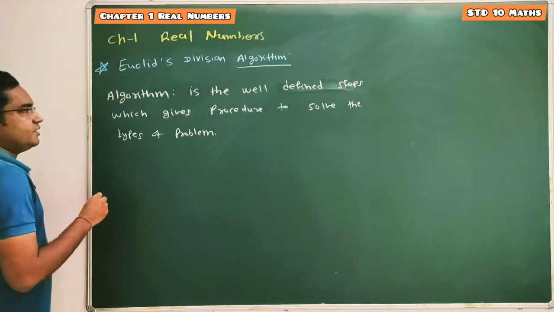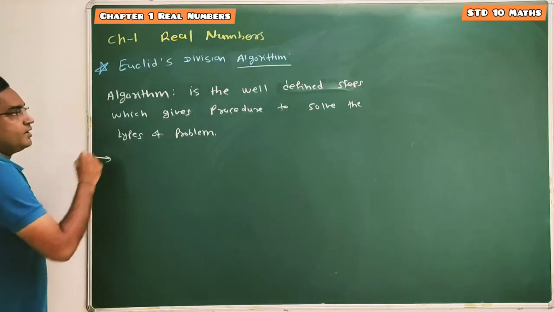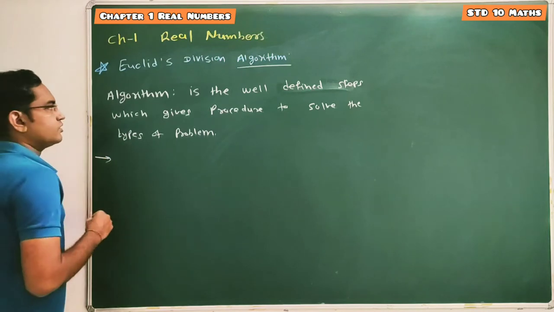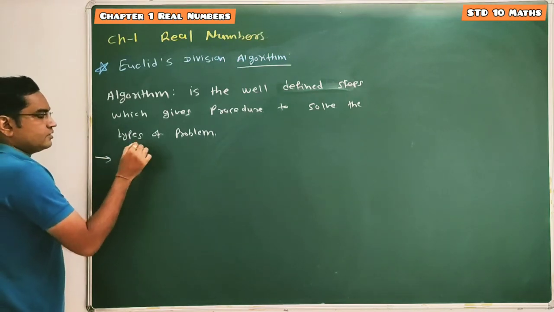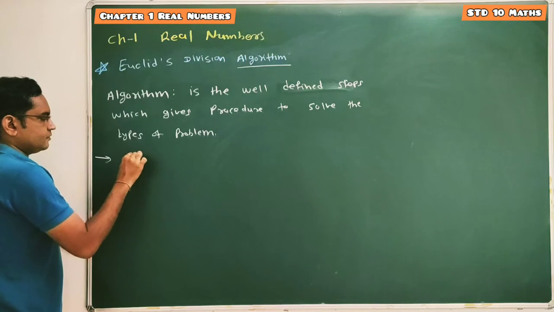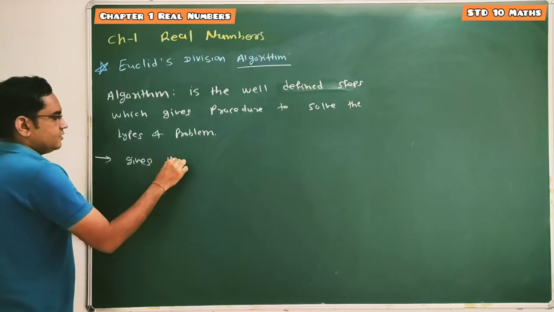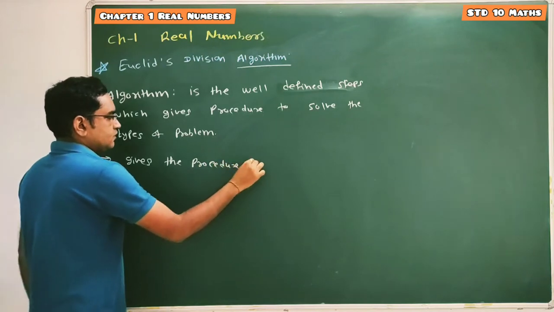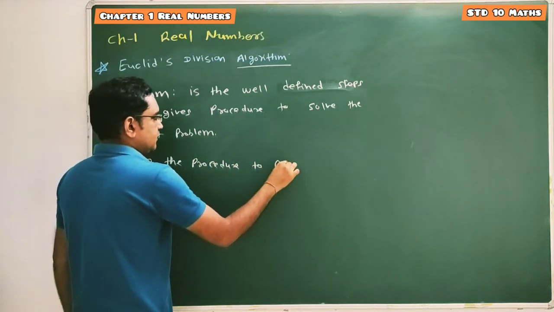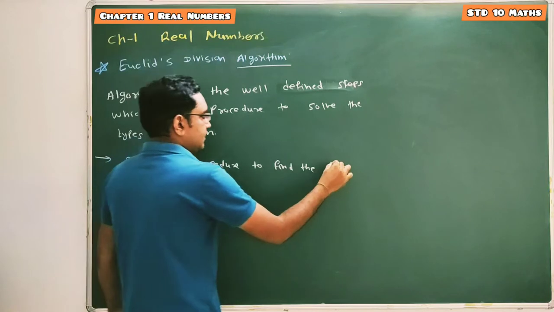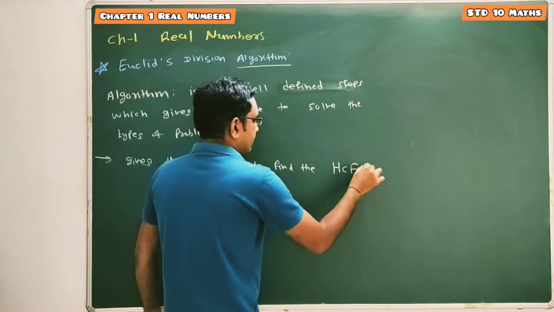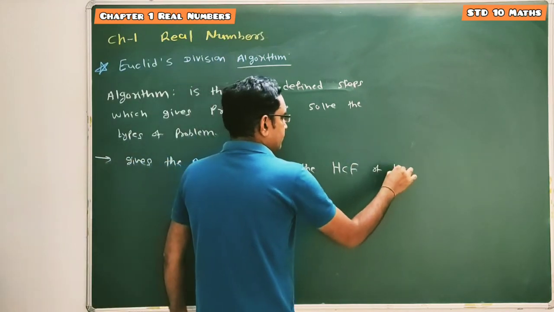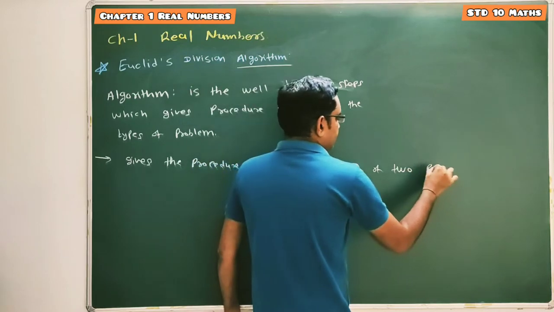Now this Euclid's division algorithm will give us the procedure to find the HCF of two positive integers.